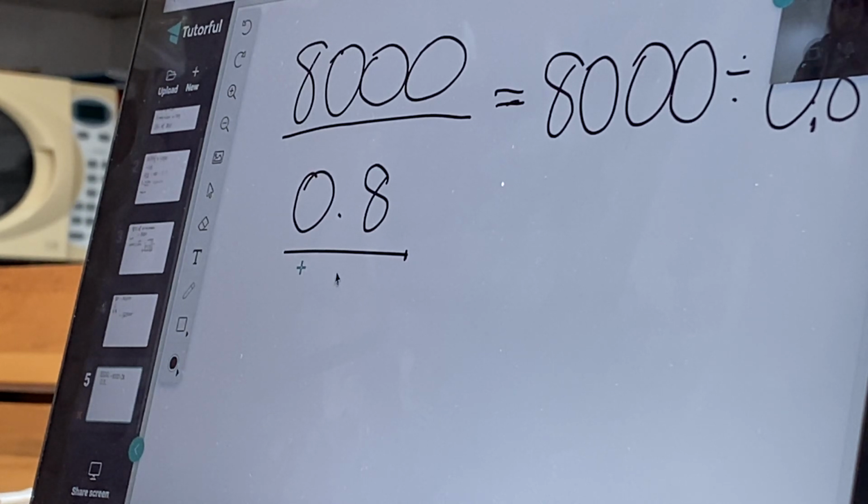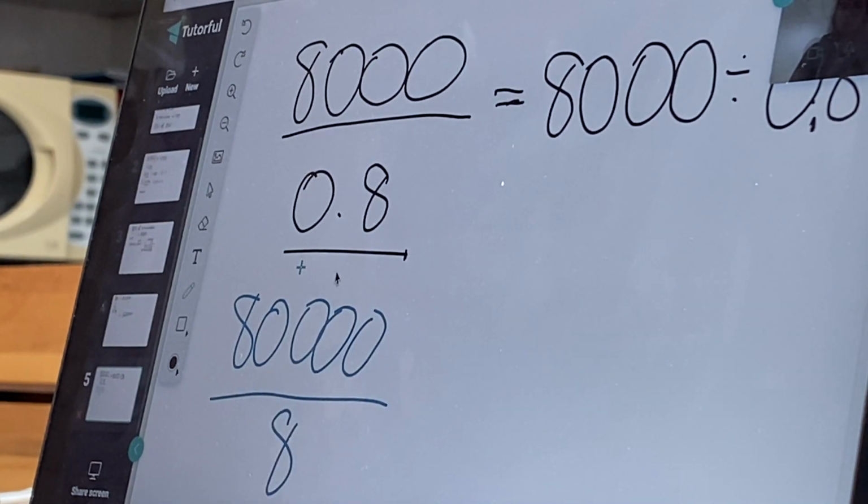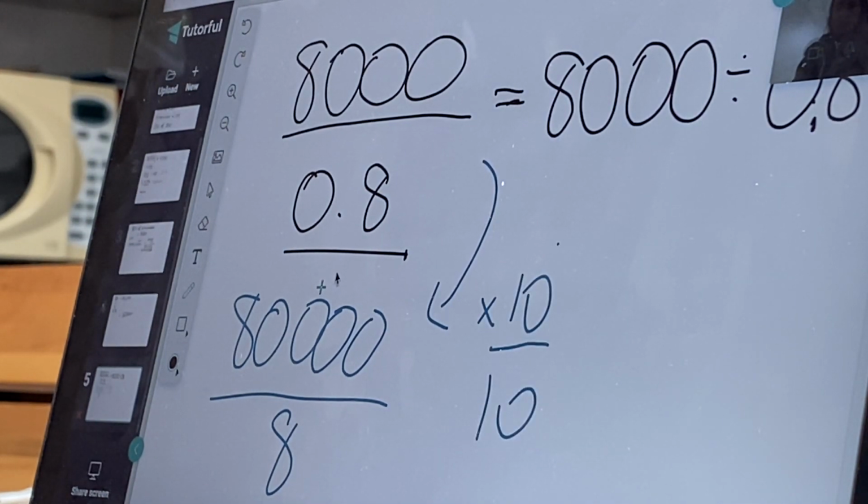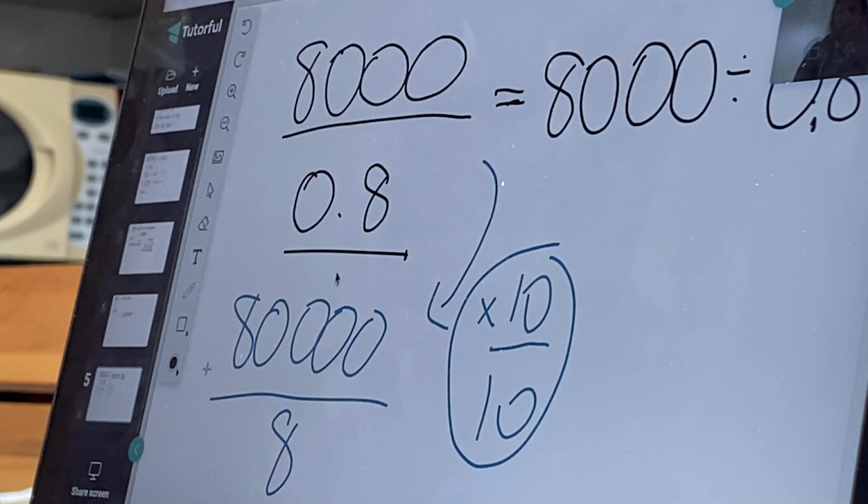So maybe we could also change this fraction into this. So we now multiply the numerator and denominator by 10. So we multiply by 10 over 10. Can we see that this fraction here and this fraction here are the same? Yes.